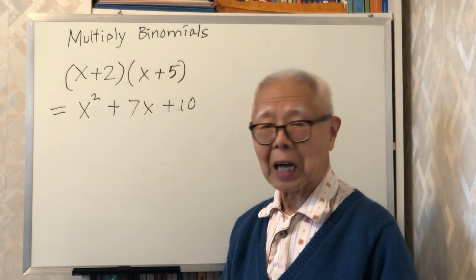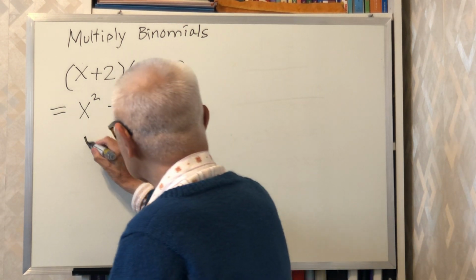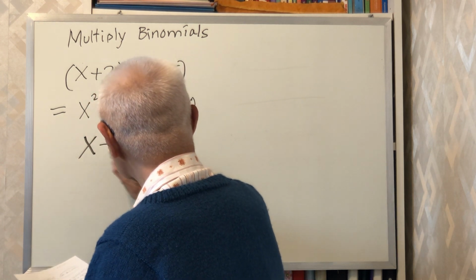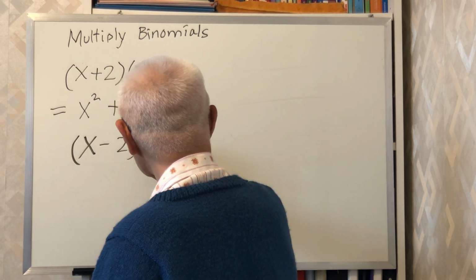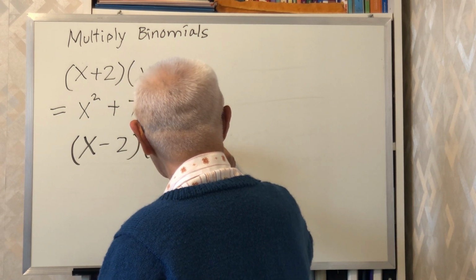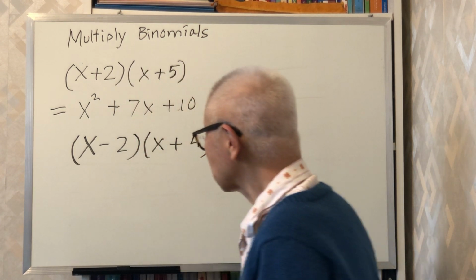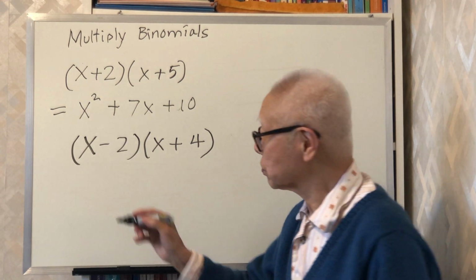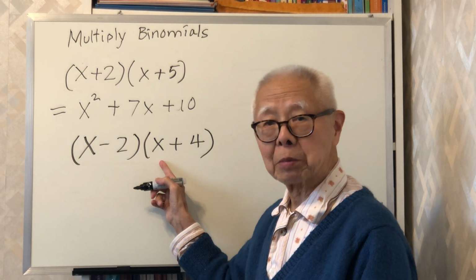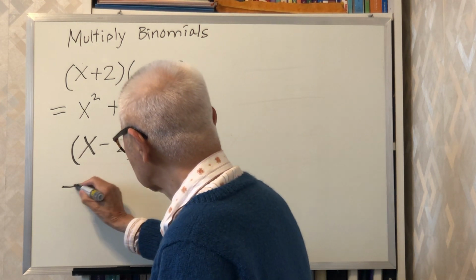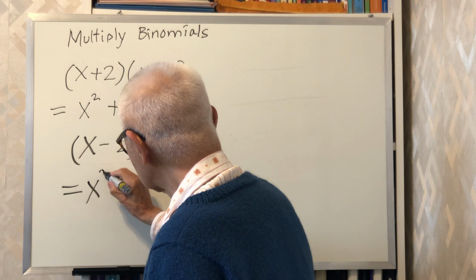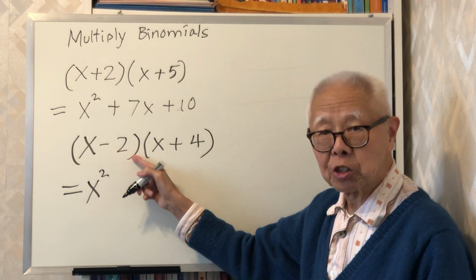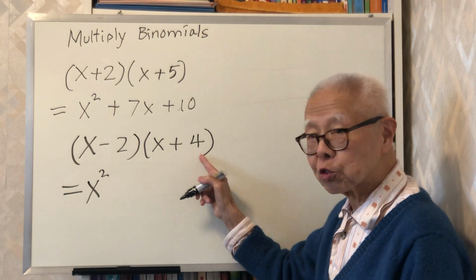Let's have another example. Do the way I recommend you to do. X times x is x squared. The middle term, minus 2 plus 4.